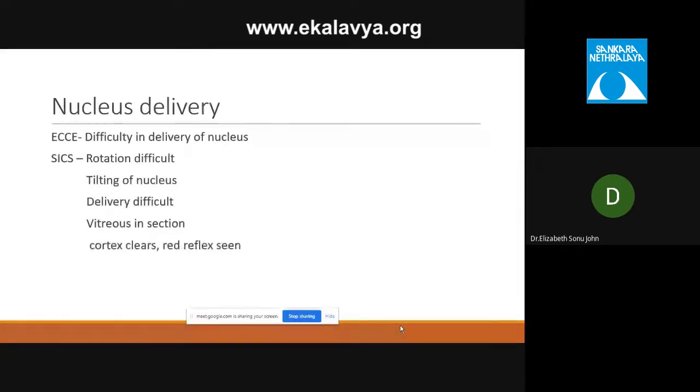And if you see clearing of the cortex, a red reflex seen, then again presume that there is a PCR. So for all these signs, you stop the surgery and assess whether this has happened and if there is a PCR.